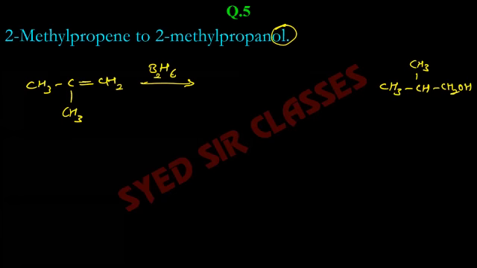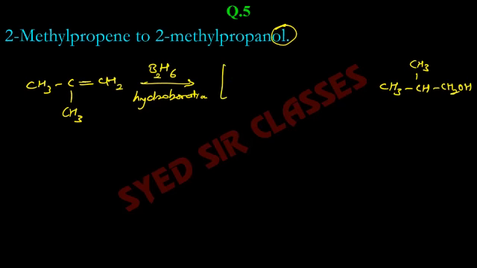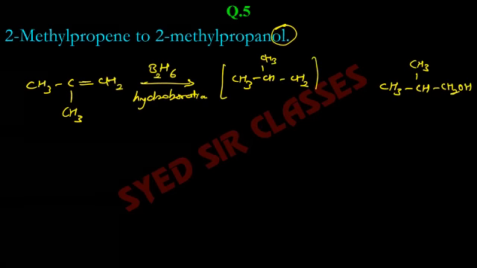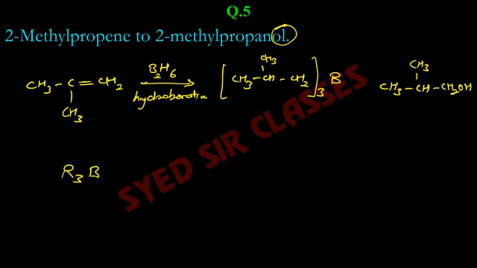So what we are doing here is hydroboration. With that, you will have 3 molecules of CH3, CH, CH3, CH2, whole thrice, sorry, boron, B, not Br. It is something like R3B, which is produced.